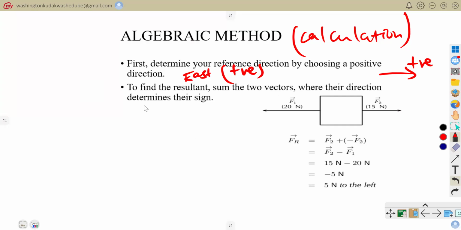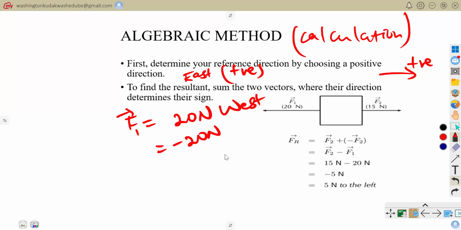And then after that, to find the resultant, you now need to sum the two vectors. So for example, I've got vector 1, F1, it's 20 Newton. But this 20 Newton is towards the west. Since it's towards the west, this becomes a negative 20 Newton. And then I've got vector 2, and mind you, this arrow that you find on top of every vector simply represents this physical quantity to be a vector.